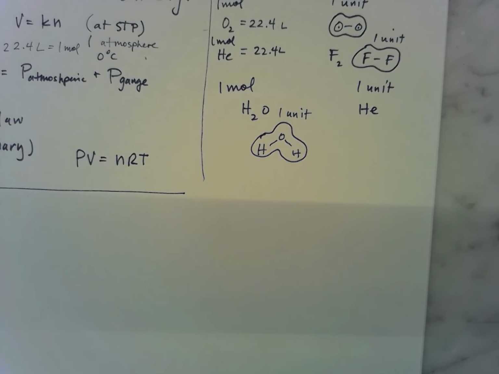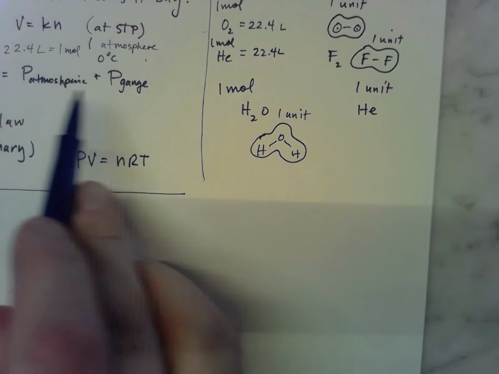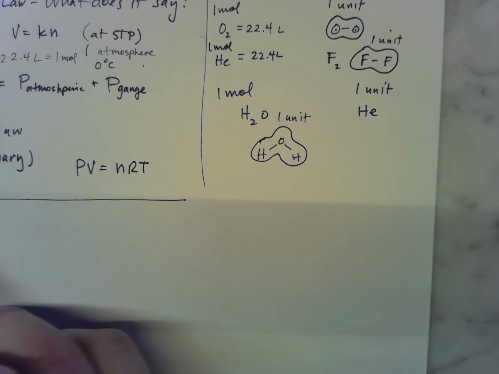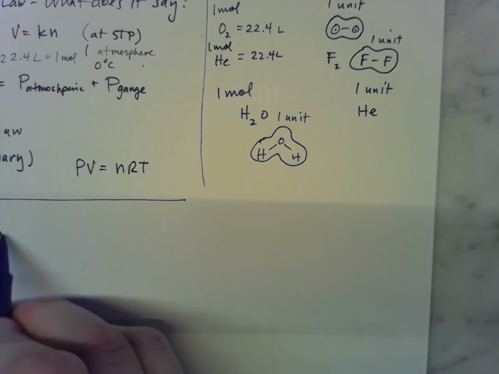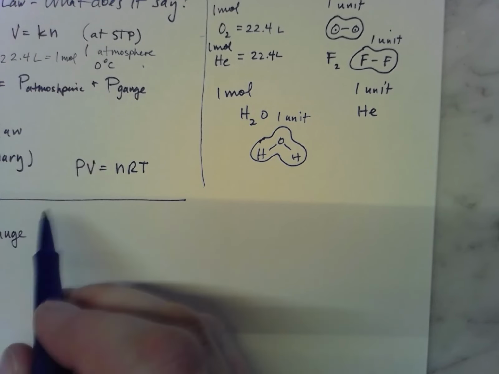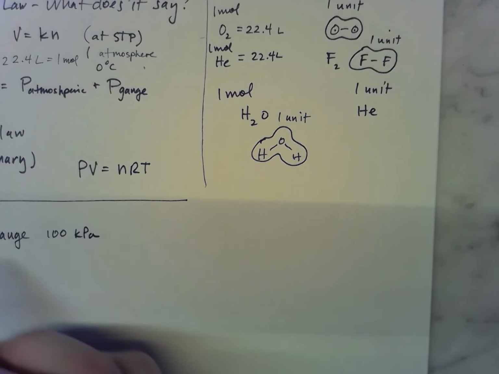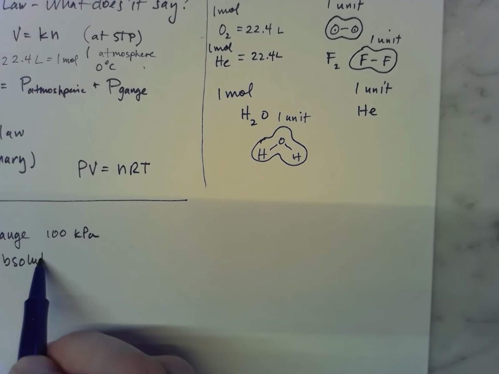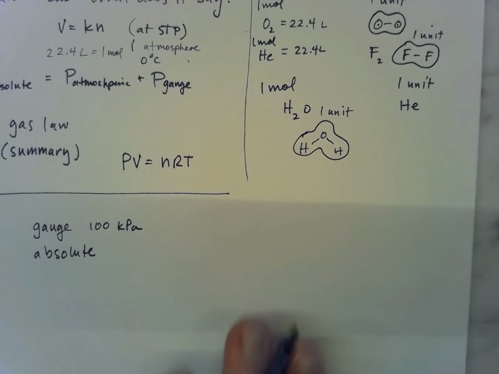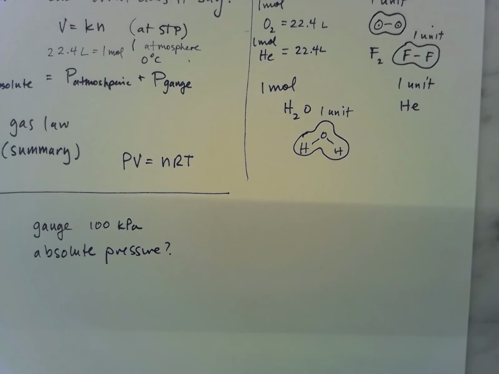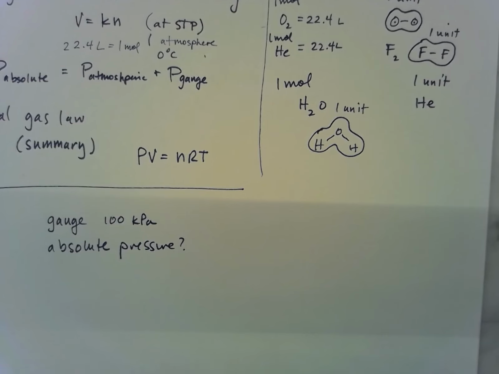Ideal gas law is where he talks about standard temperature and pressure. Just to remind you that absolute pressure equals atmospheric plus the gauge. So if my gauge reads 100 kPa, and I ask you what's the absolute pressure, all you have to do is plug that into your equation.